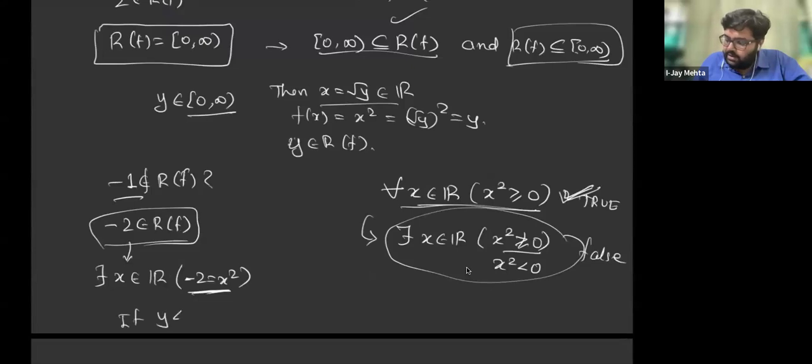If y is less than 0, then y cannot be in range of f. Can I say this? All of you understand? If it is less than 0, it cannot be in range of f. Why? Because I cannot find any x such that x square is less than 0. So x square is y is this. So it cannot be in range. Think about it.